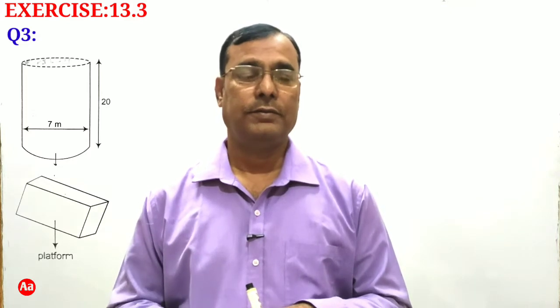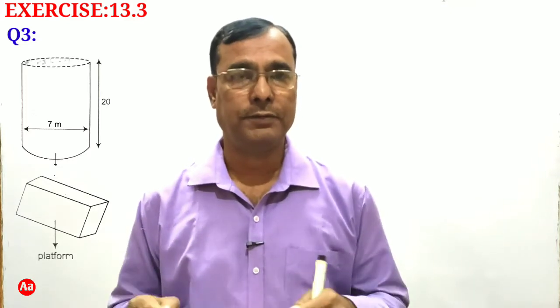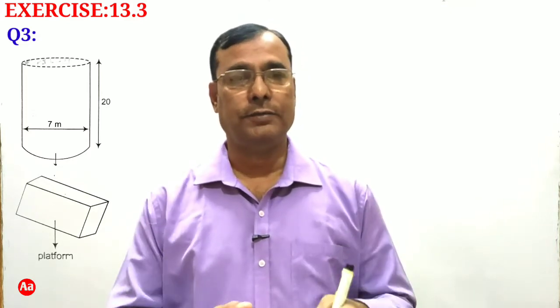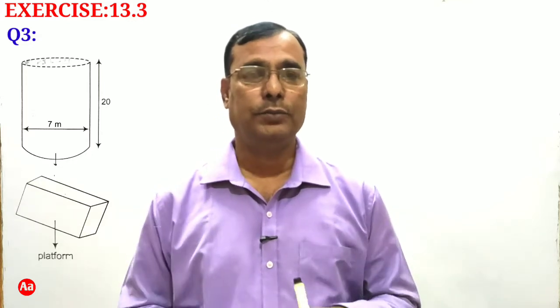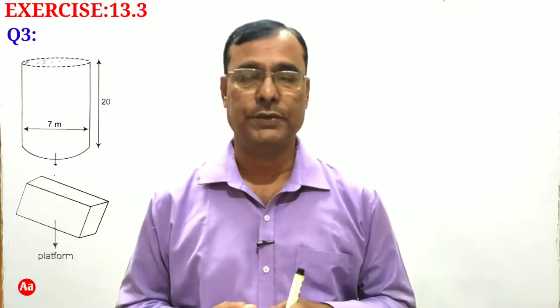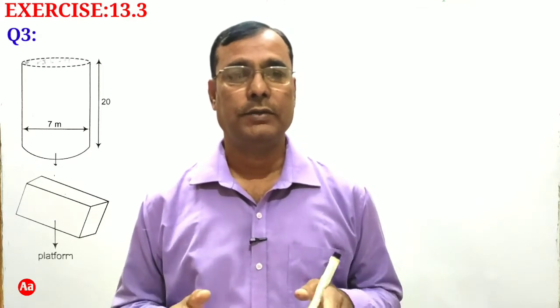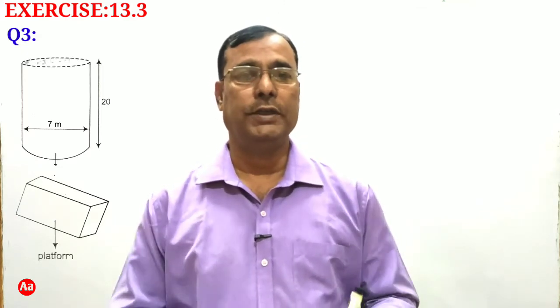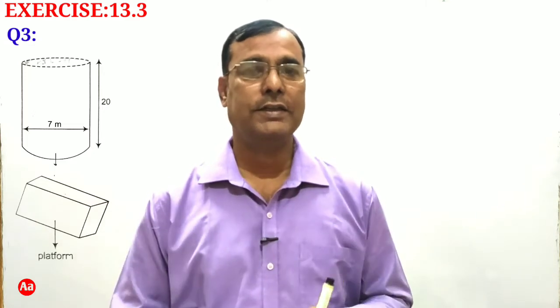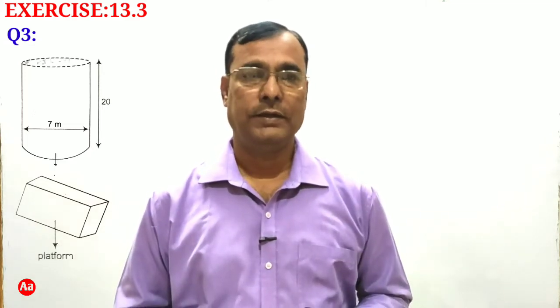The earth in the form of platform and the earth in the form of cylindrical well, both will have equal volumes. So volume of the platform in cuboidal shape will be equal to volume of the earth in the cylindrical shape in the well.